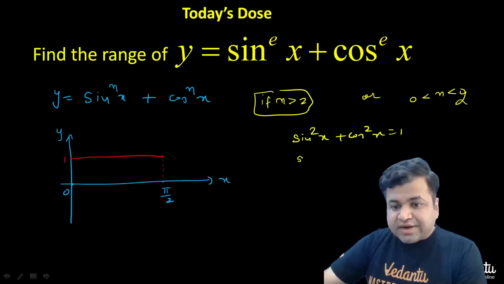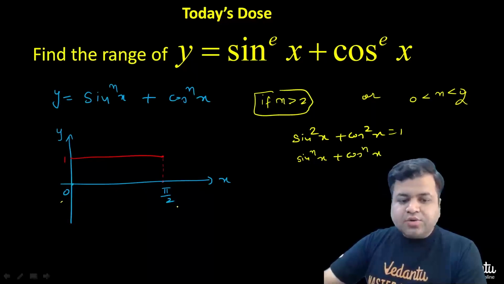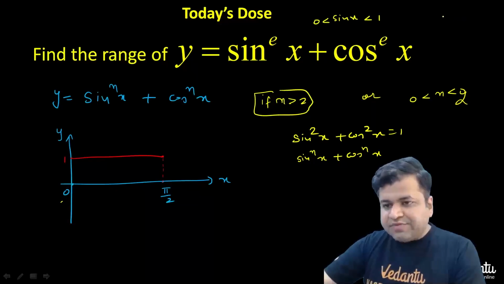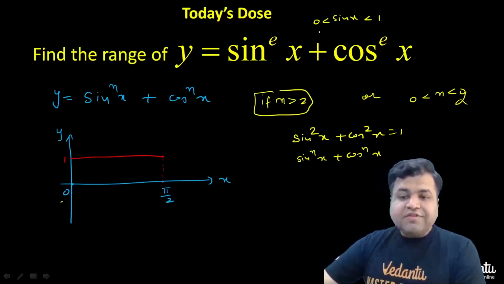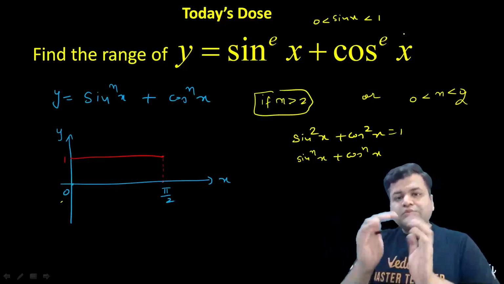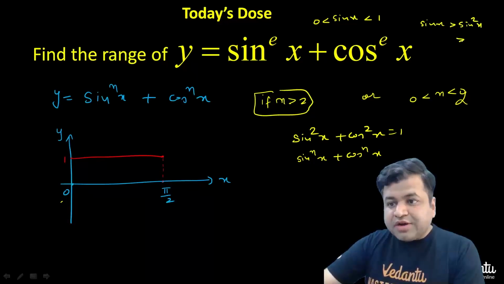Now if n is greater than 2, sin^n x plus cos^n x, and in 0 to pi by 2, we know sin x always lies between 0 and 1, and the same with cos x. So if any value is lying between 0 and 1, whenever we raise its power, the actual value becomes lesser. So sin x is greater than sin^2 x, that will in turn be greater than sin^3 x, and so on.